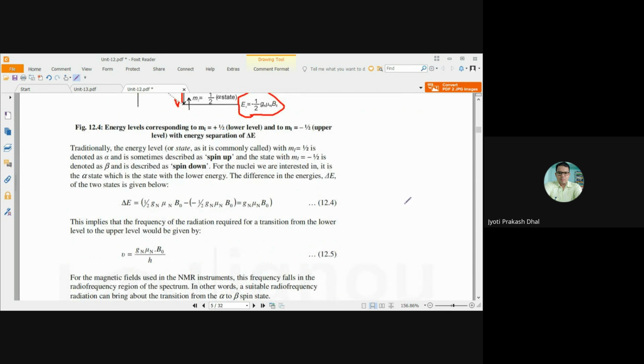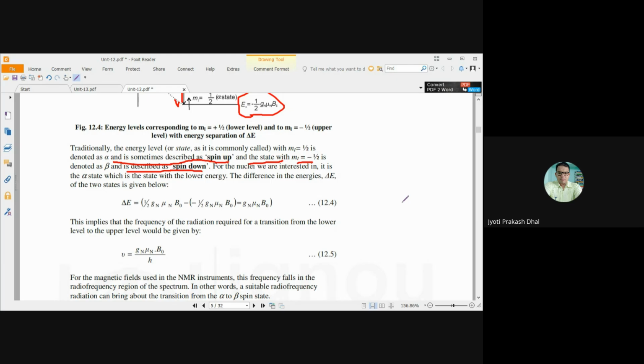The energy level with m value equal to half is denoted as alpha, and sometimes described as spin up, and the state with m equal to minus half is denoted as beta and is described as spin down.